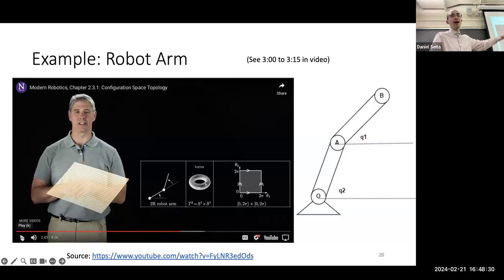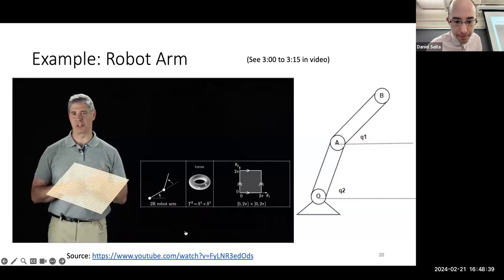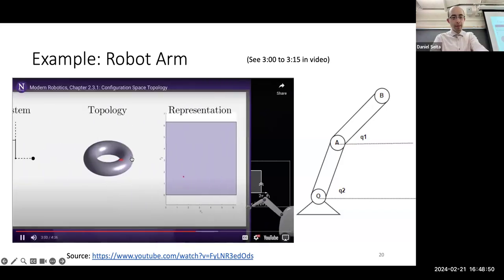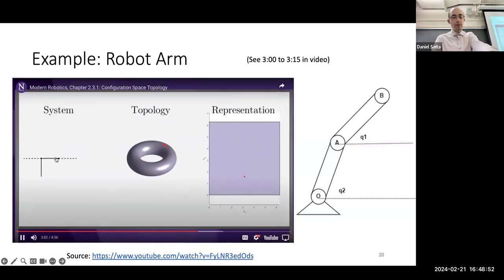But because you do that, it's not topologically equivalent because we had to do the cutting. Coming up later, it'll show for the 2R robot arm, what is the topological space, which is going to be the torus. So this is the system. And if it moved with one, this is the representation. And this is the visual of the point that specifies where the robot is.